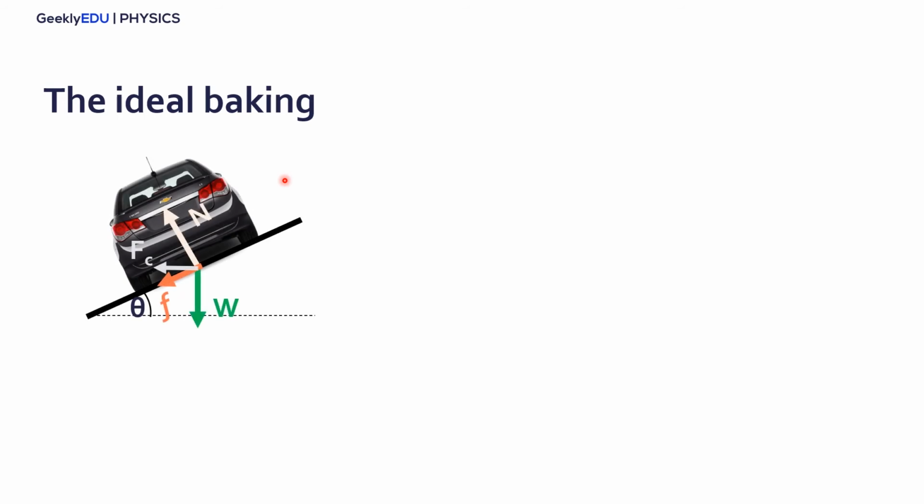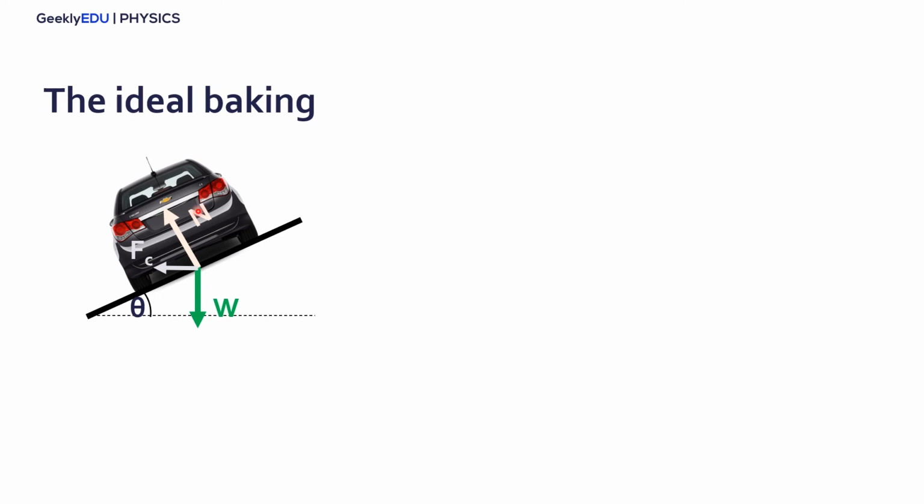So now that we know about these banked curves, we can calculate the ideal banking. So what do we want? We have this situation here. For the ideal banking, it's a curve at a certain angle at which we can reduce the friction on the tires to 0.